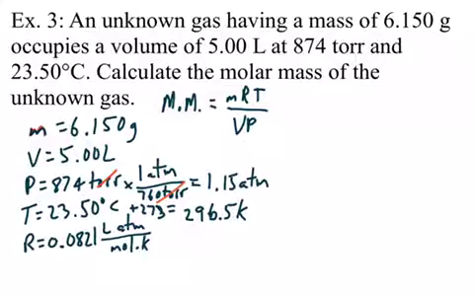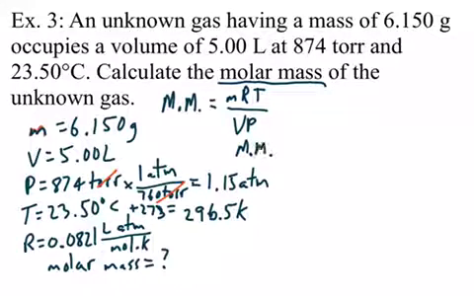And we're going to look for molar mass, and that's something I forgot to write down here. We are looking for molar mass, so let's put a question mark down here. Now, if we set it up, the molar mass is going to be equal to the mass in grams, so that's 6.150 grams.